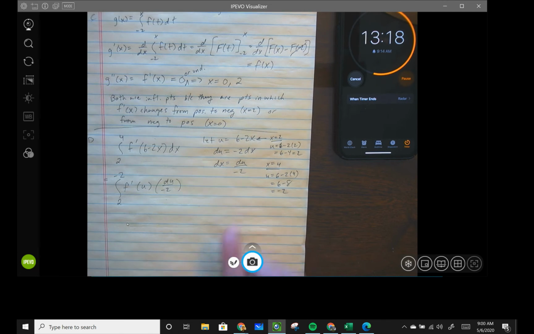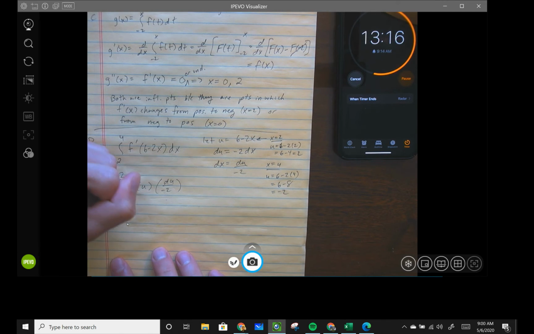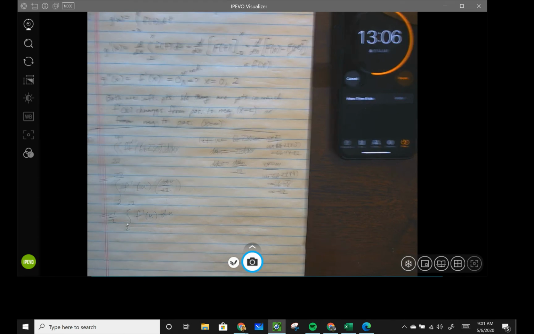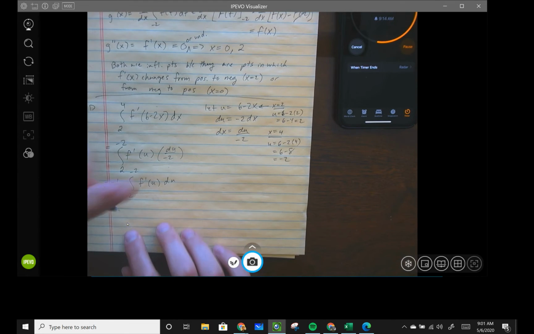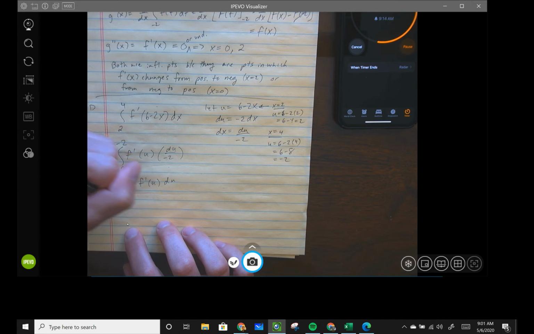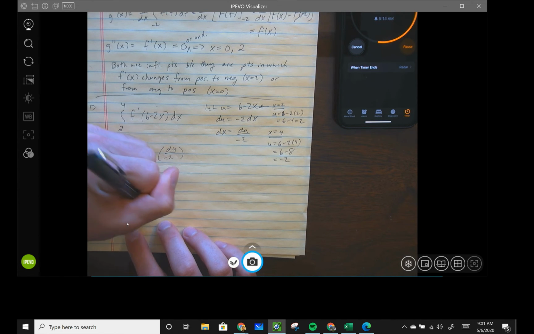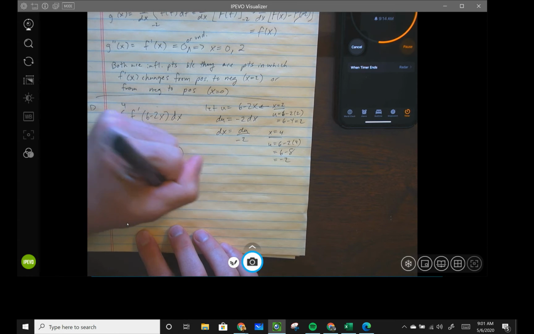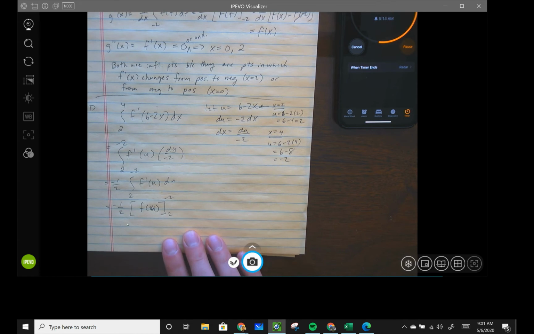There's a constant multiple there. Let's factor that out. So this is -1/2 times the integral from 2 to -2 of f prime of u du. All right, well, by the fundamental theorem, that's going to equal -1/2 times the antiderivative, f of u, evaluated from 2 to -2, and you're going to subtract.